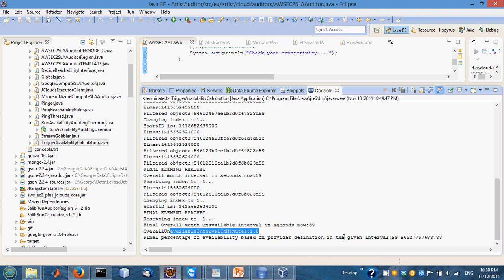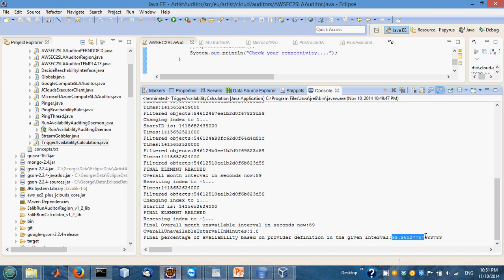Actually, it was 89 seconds, but due to the fact that the availability definition quantumizes this in terms of minutes, the overall percentage of availability in the given interval we have inquired, the 1 day interval, is 99.96%.